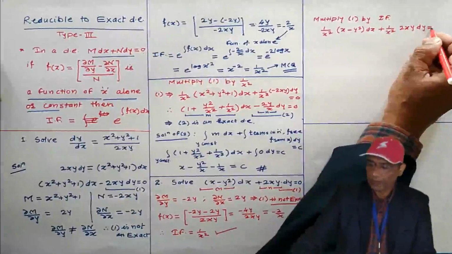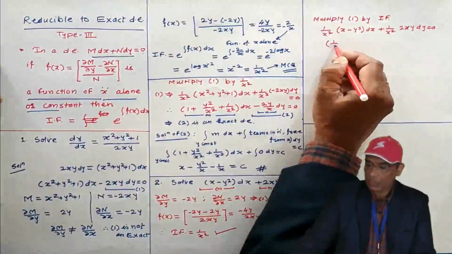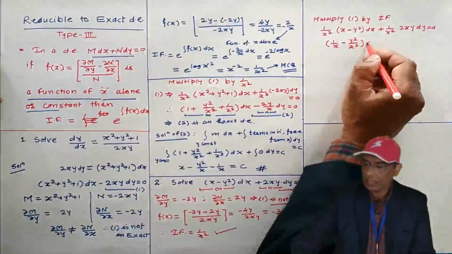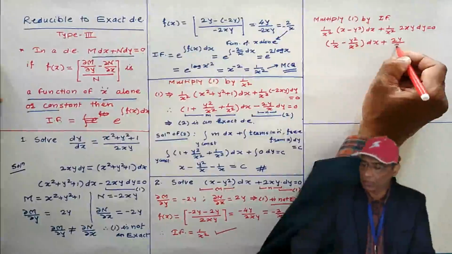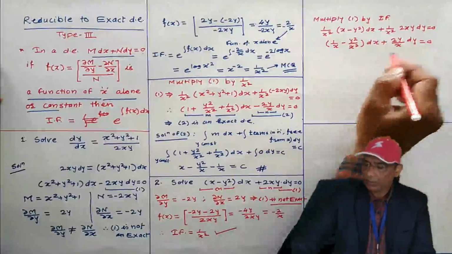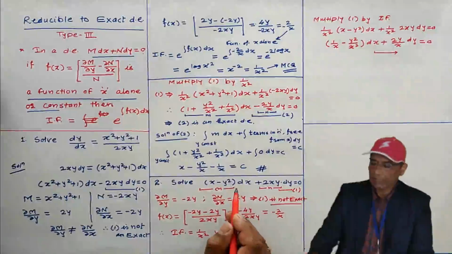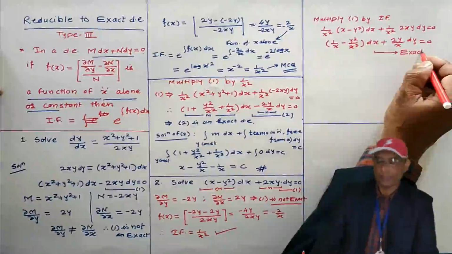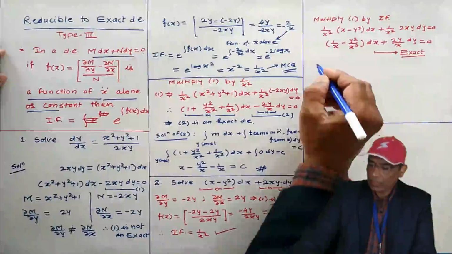Now do the multiplication. x by x square is 1 by x, minus y square by x square, dx as it is. Here 2y by x, the x has gone. Now after multiplying the given equation by the integrating factor, the resulting equation is an exact differential equation. For an exact differential equation, the solution you can easily find out.